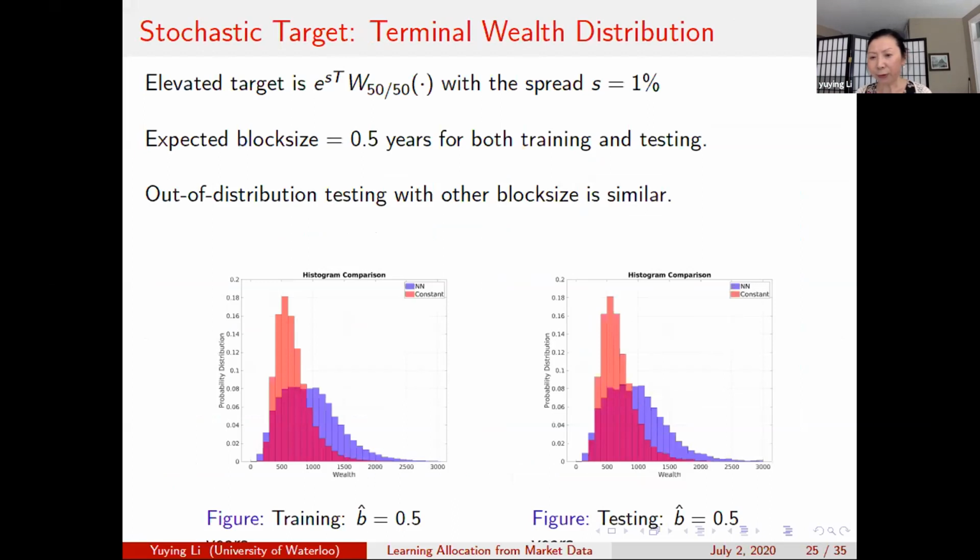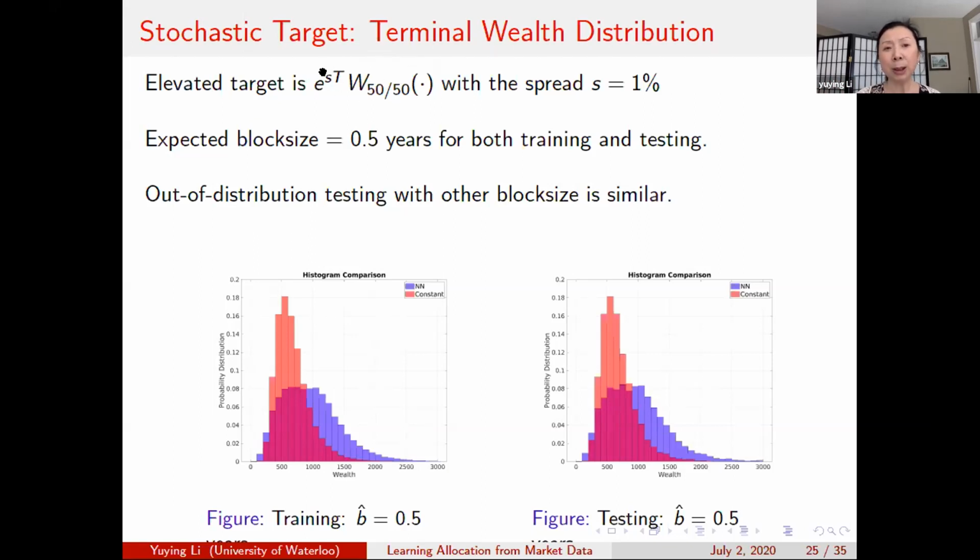Okay, so I have a few more computational results slides. So now I move on to talk about optimal strategy that's determined by formulated problem to really optimally beat the stochastic target. Okay, so I'm going to use 50-50% as my benchmark to beat.